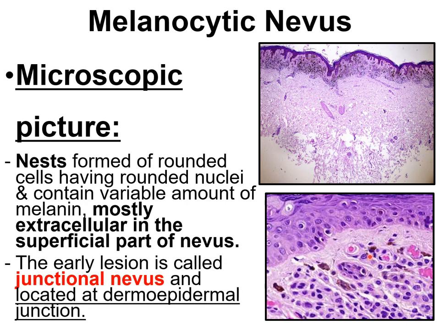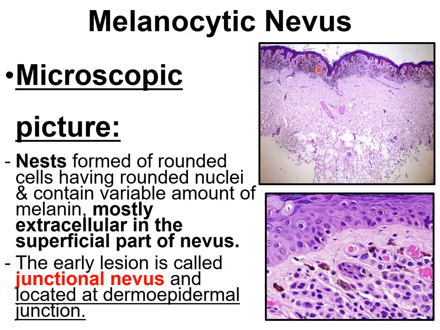Firstly, the early lesion of melanocytic nevus is called junctional nevus. What is meant by junctional? Junctional means that the group of nevus cells is present at the junction between the dermis and the epidermis.